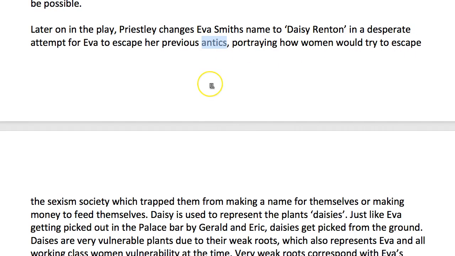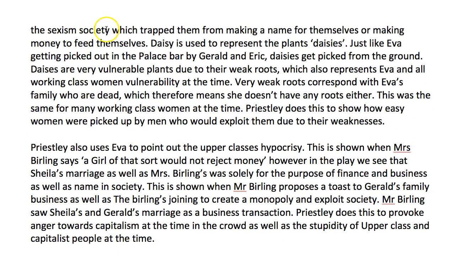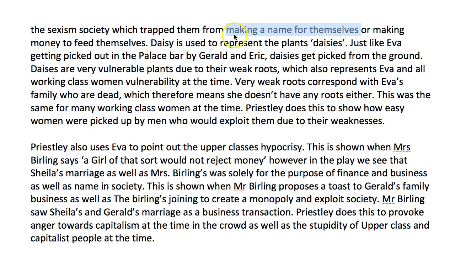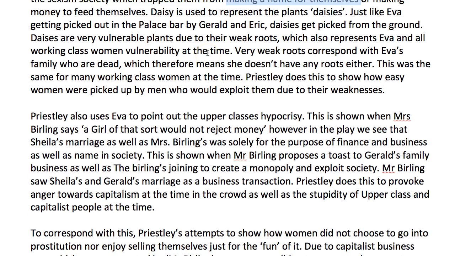Portraying how women would try to escape the sexist society, which trapped them, I think you mean prevented them from making a name for themselves or making money to feed themselves. This idea of making a name for themselves suggests a desire for fame, and that's not what happens in the play at all. So again, clumsy phrasing that doesn't reveal exactly what you mean.